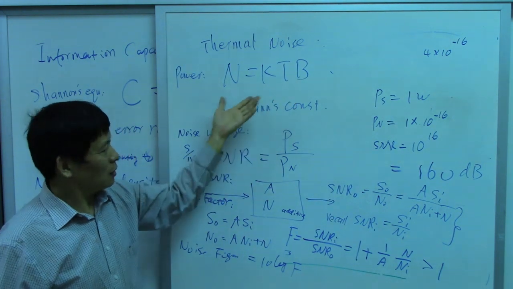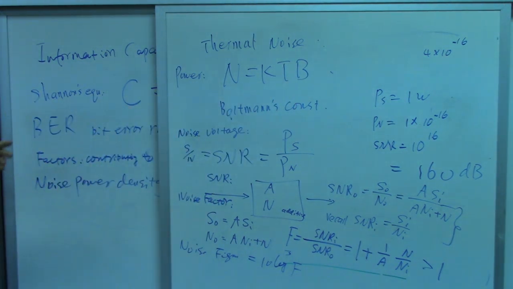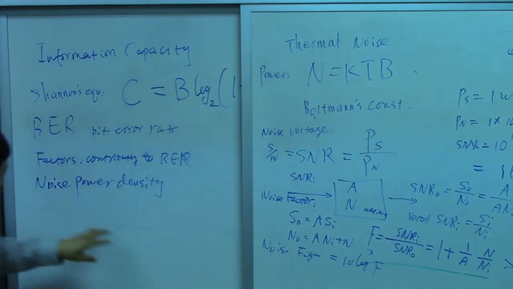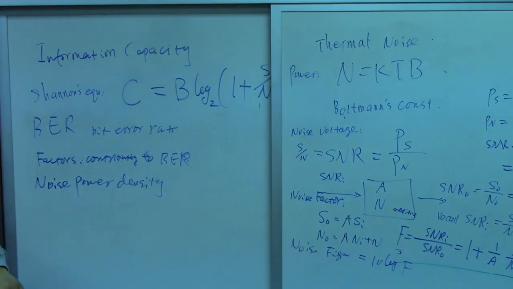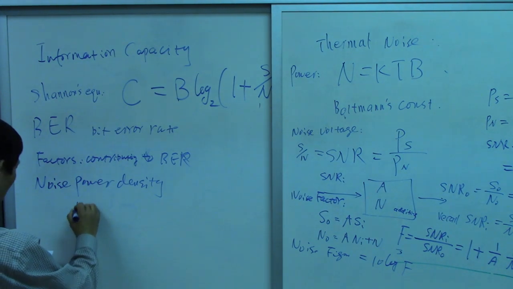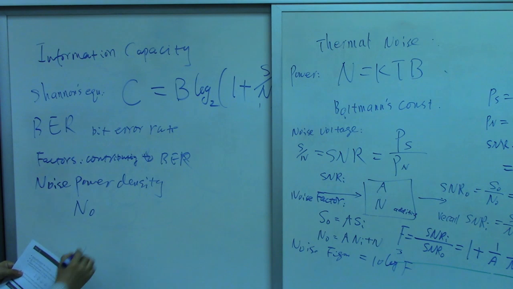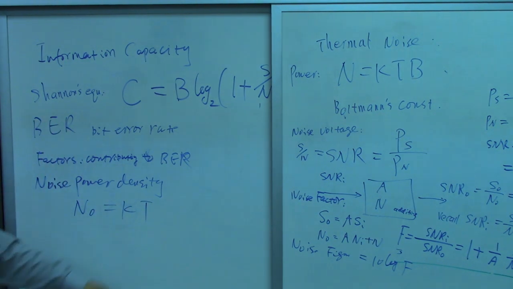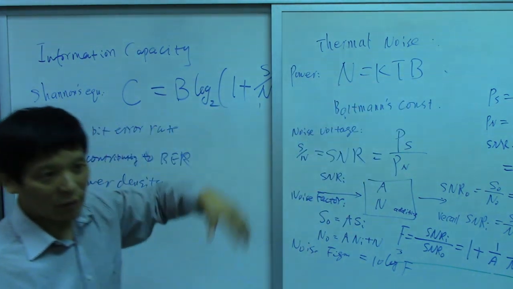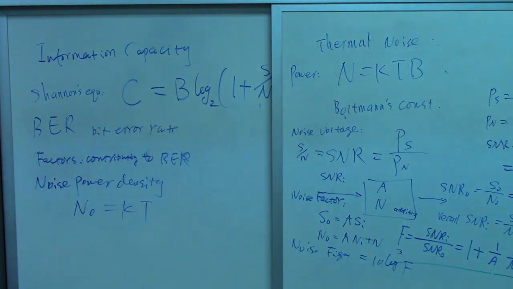So there may be a better concept, called noise power density. Noise power density, which we represent with N0, is just K times T, the noise power divided by bandwidth. So you can see this is only proportional to the temperature.